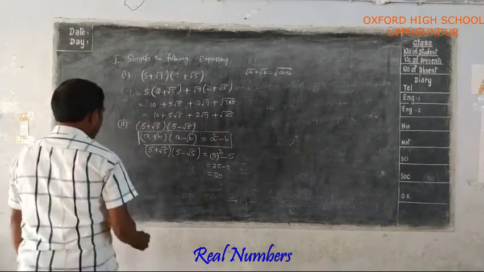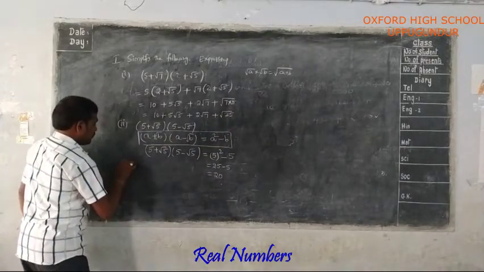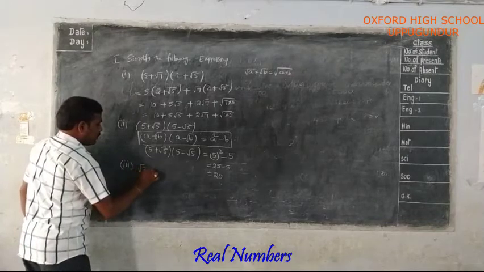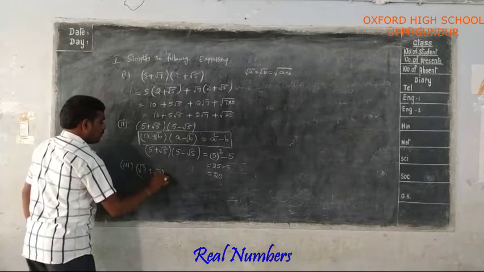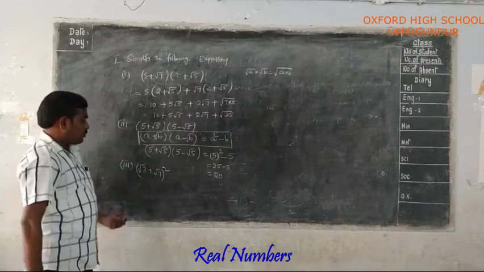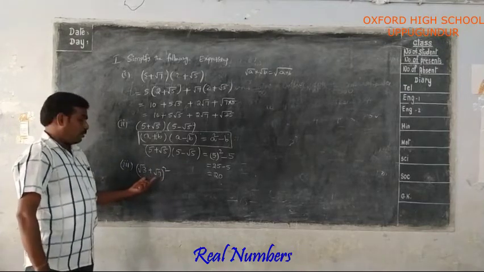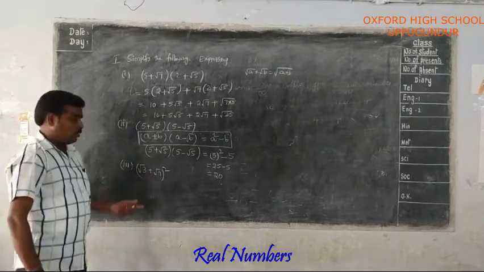Next, third one, (√3 + √7)². Third one, (√3 + √7)². When you observe this, it is in the form of (√a + √b)².